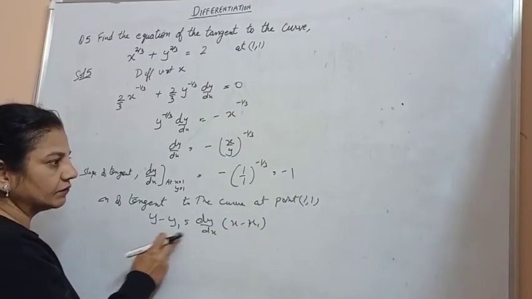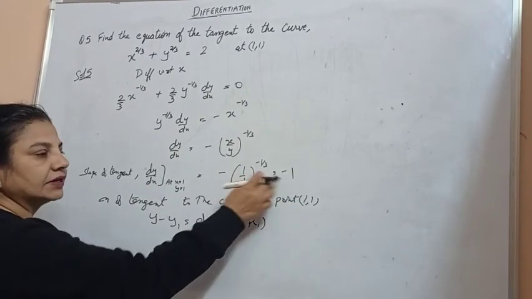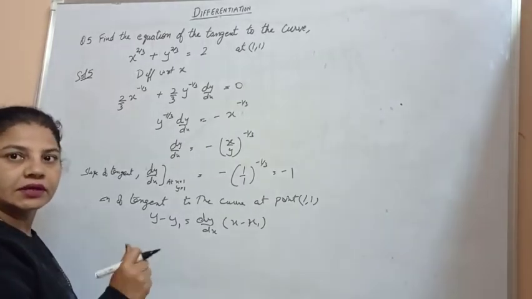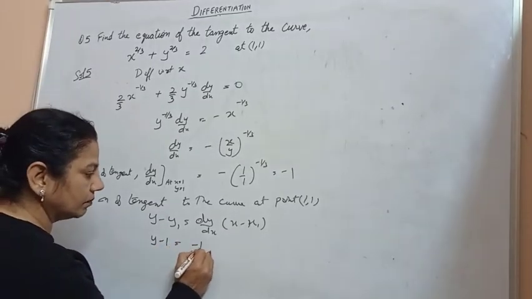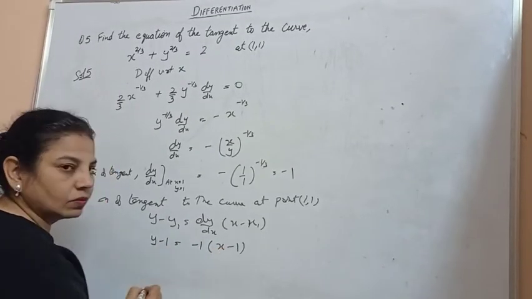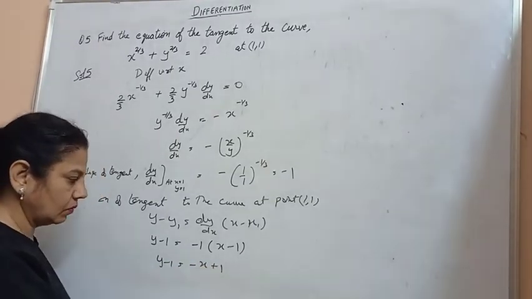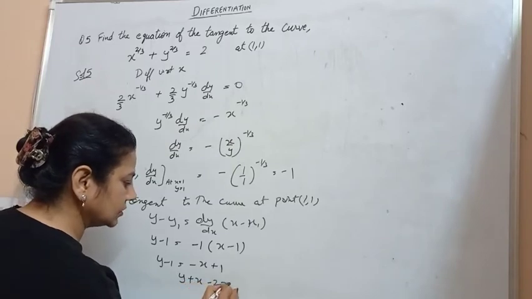Here the value of y1 is 1 and x1 is 1. So dy by dx I calculated as minus 1. Substitute all the values in this equation to get the required equation of tangent. So y minus 1 is equal to minus 1 times x minus 1, y minus 1 is equal to minus x plus 1. So this implies y plus x minus 2 is equal to 0.